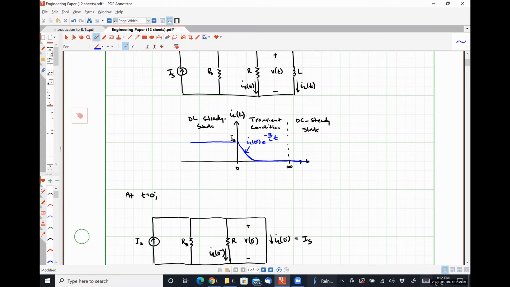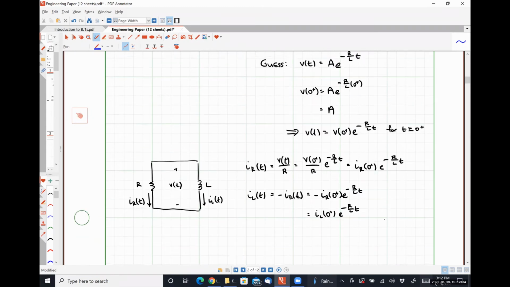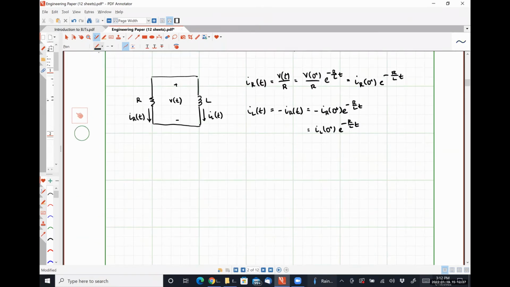And I hope I have proved that generically, I could say that y of t, which may represent a current or a voltage in our first order system, will be of the form y at 0 minus for t less than 0 minus, so however it behaved during DC steady state.